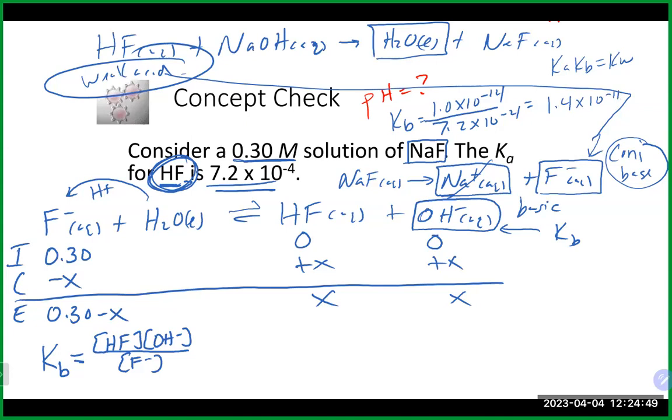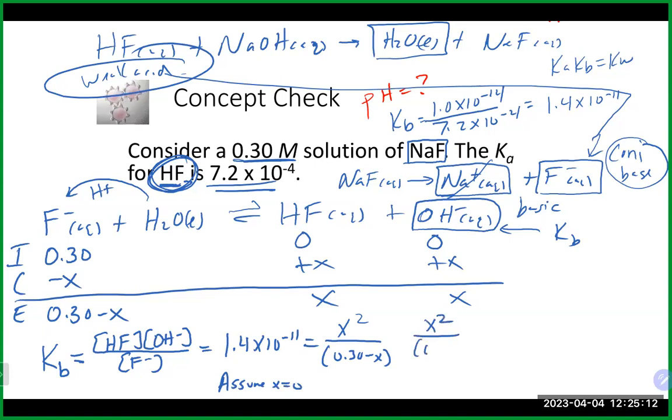All right, now that we have the right K value here, which is the Kb, that equals 1.4 times 10 to the minus 11. Putting in our equilibrium line, x squared over 0.3 minus x. We could assume that x is approximately 0 here, because that looks pretty small. That's going to give us x squared over 0.3 equals 1.4 times 10 to the minus 11.